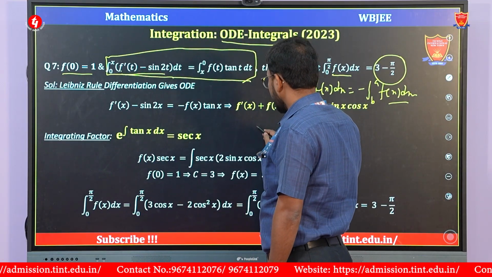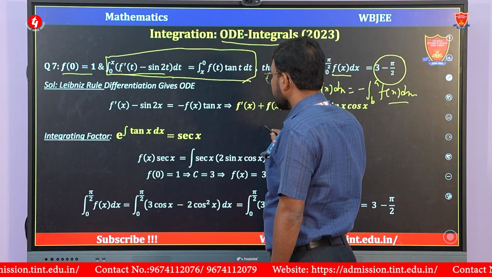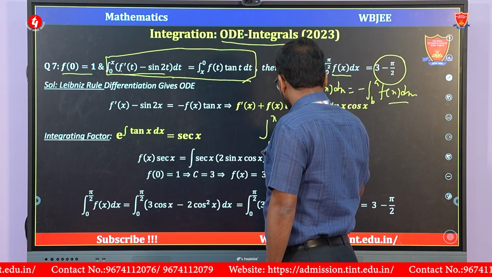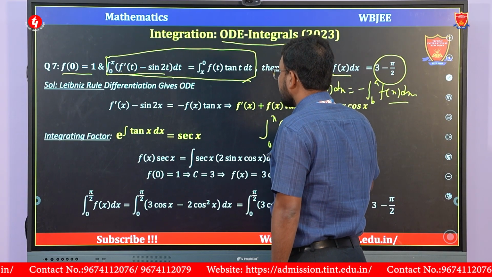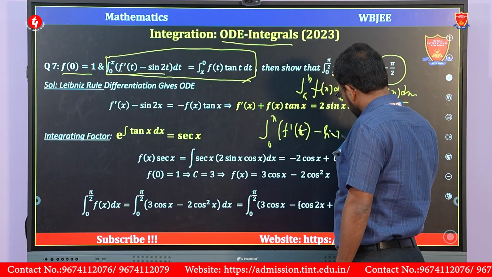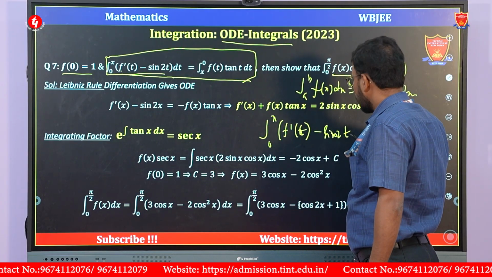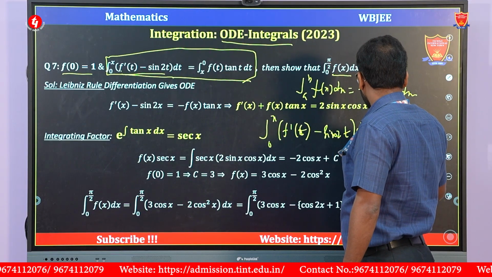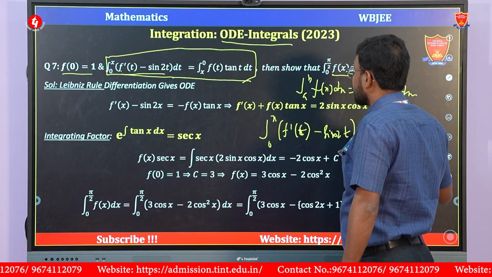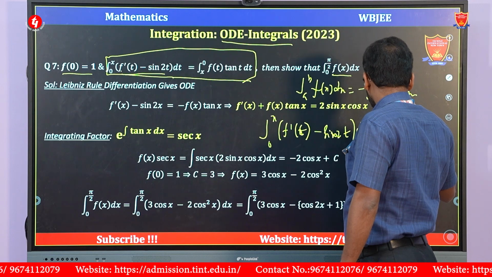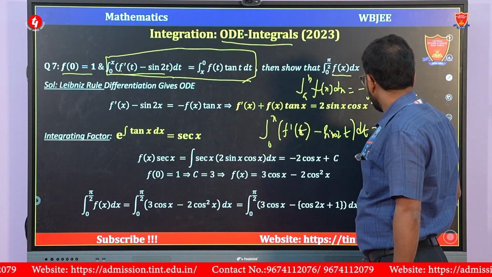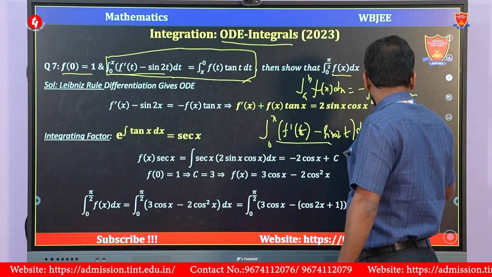So we have to write the integral from 0 to x of f dash t minus sin twice t dt, that is minus the integral from 0 to x of f t tan t dt, right. So, both are the same function.